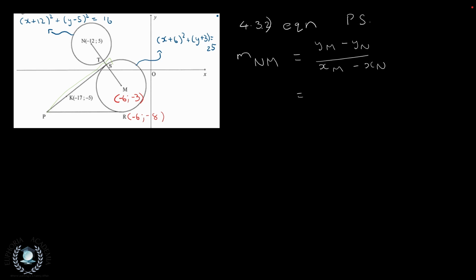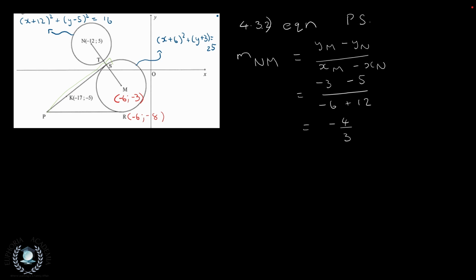Now we're just going to substitute, and when we substitute, we're going to see that we have a minus 3, and that is going to be minus 5, and then at the bottom we have a minus 6, and then we have a plus 12, and our result is going to yield minus 4 over 3.